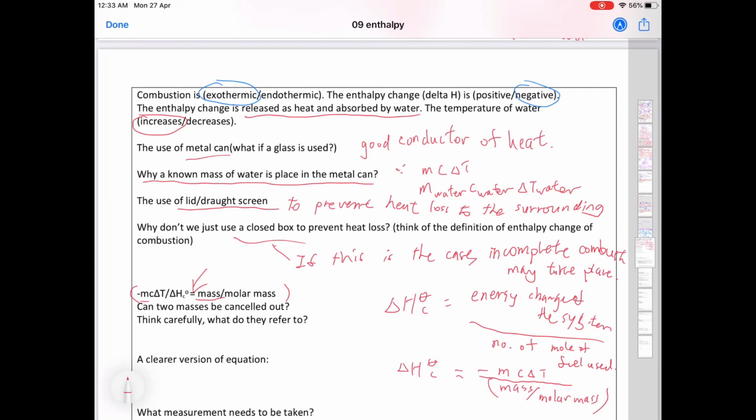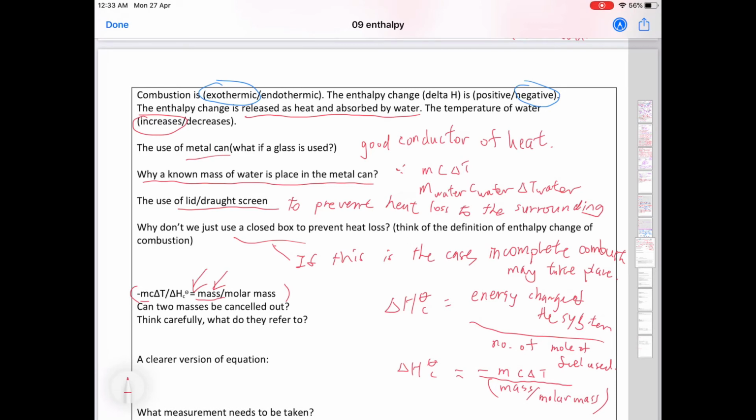In the mc delta T equation, what is meant by the m? Well, it's the mass of water, is it? And then for the later one, in the mass over molar mass term, what is the mass referring to? It refers to the mass of the fuel. Is it okay?